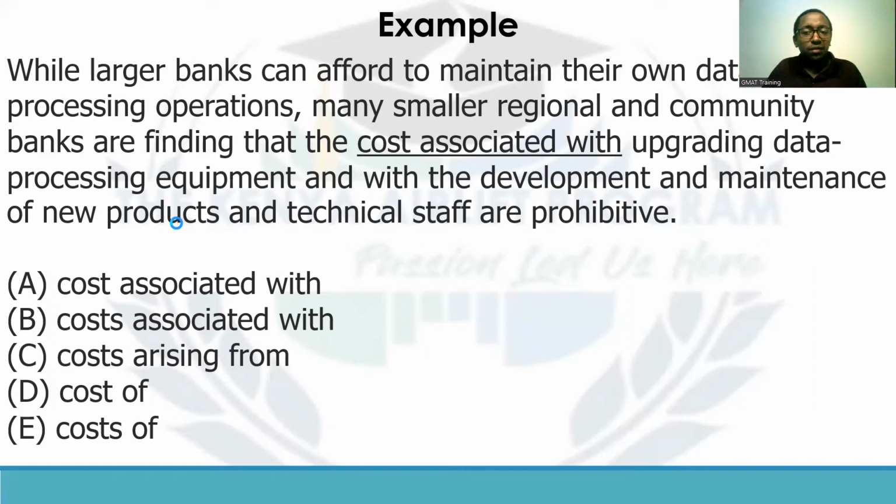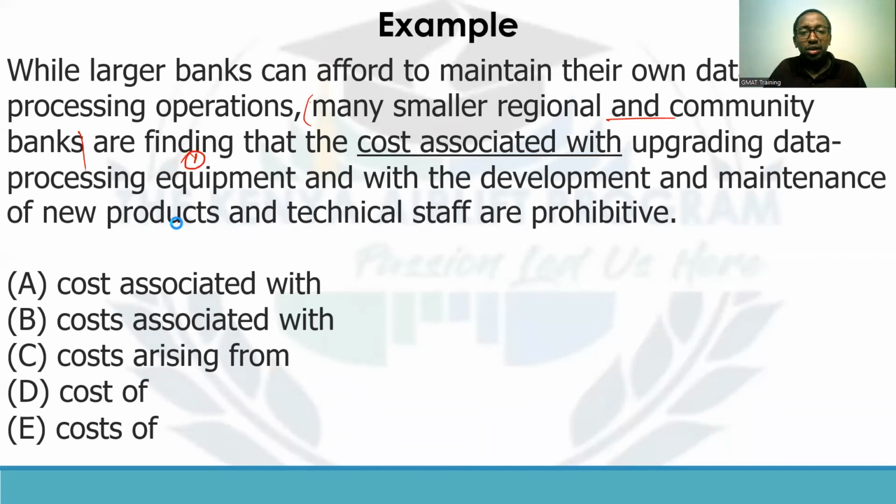Okay, so we have our answer choice A, cost associated with. Realize that we have a lot of lists here. We have many smaller regional and community banks. So that's our subject. Are finding that the cost associated with upgrading data processing equipment. So that's list number one.